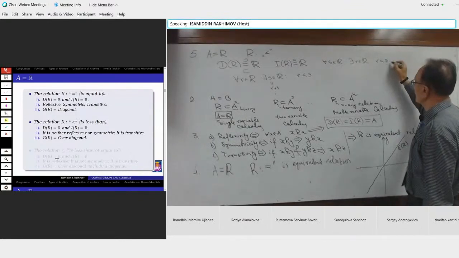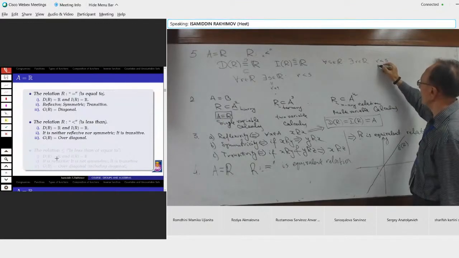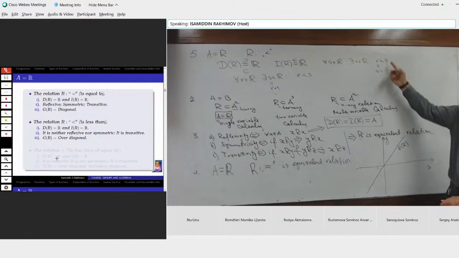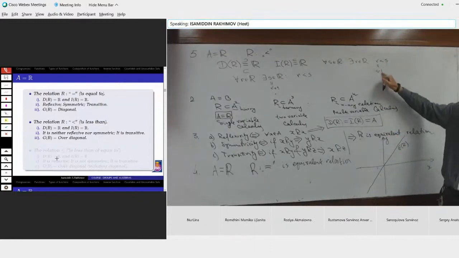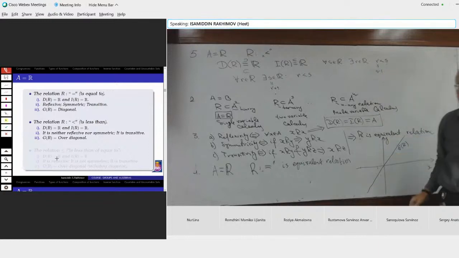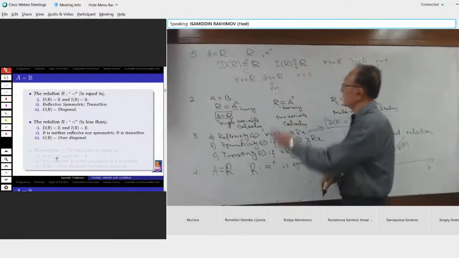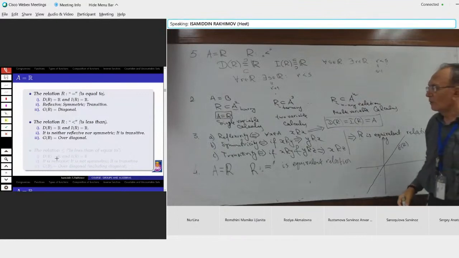So this time s is given, and I should find r. For this r, I will take s minus 1, because s is given, just subtract 1. You can put any number here, it will be less than s. So I get this inclusion. Thus, I have equality. All right.